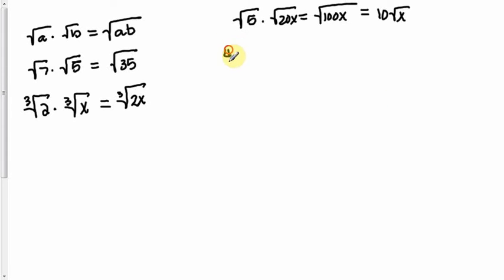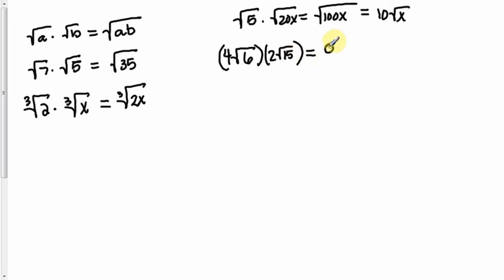If I gave you one that looked like this, 4 root 6 times 2 root 15. Now this one is interesting, it's all numbers. I would need to multiply the 4 times the 2, because those are both outside the radical, and then I can multiply what's underneath the radical times each other.